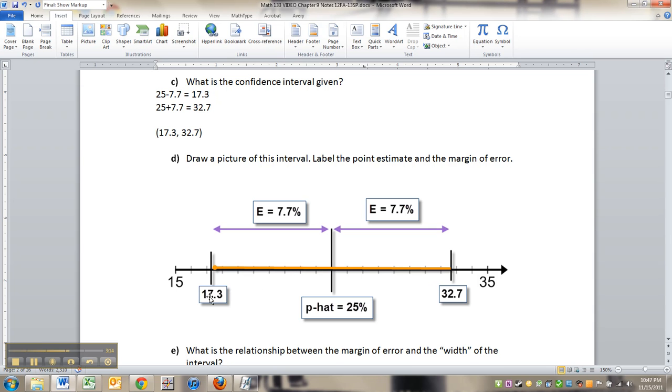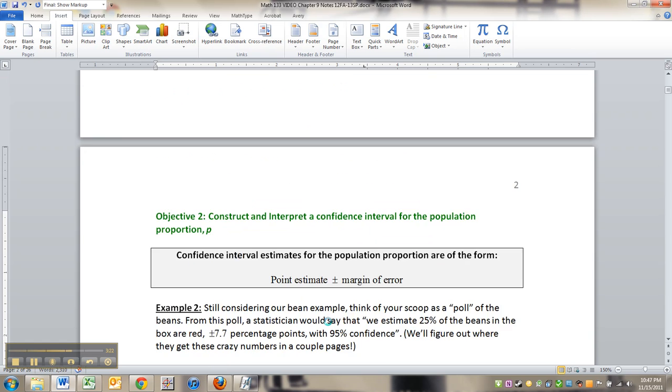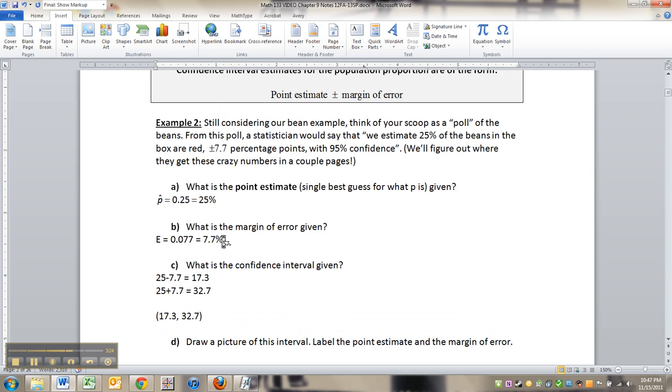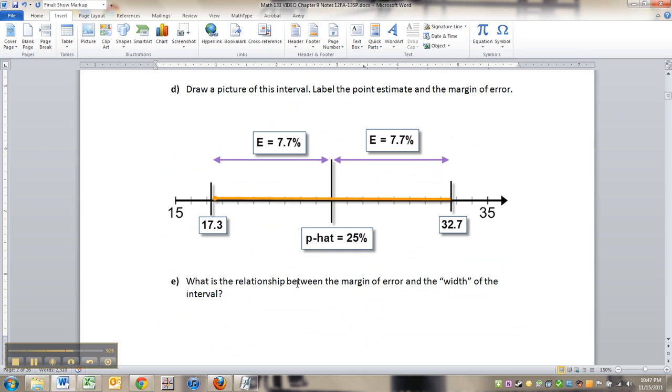Now, the interval has a width, namely the distance between 17.3 and 32.7. It has a halfway spot, which is the best guess you have, p hat, 25%. And then it has an error. The error is the distance from that center to the edge, or from the center to the other edge.